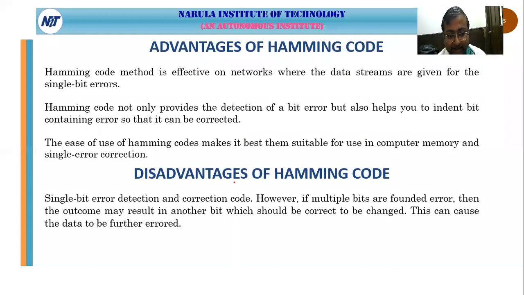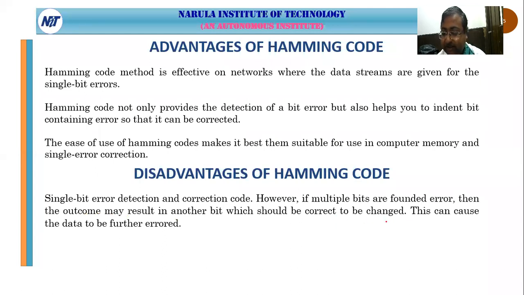Single bit error detection and correction code. If there are multiple bit errors, then the Hamming code cannot be used or processed to detect the multiple bit errors. It is used only for single bit errors. However, if multiple bits are in error, then the outcome may result in another bit, which should be correct, being changed.